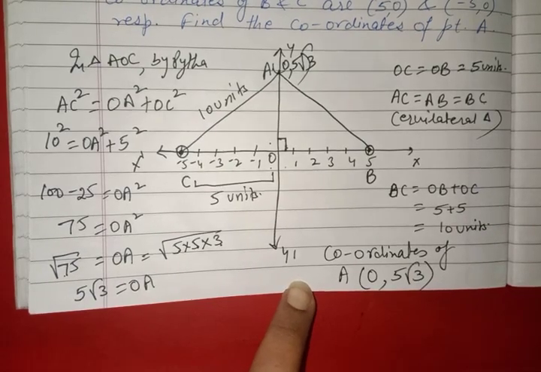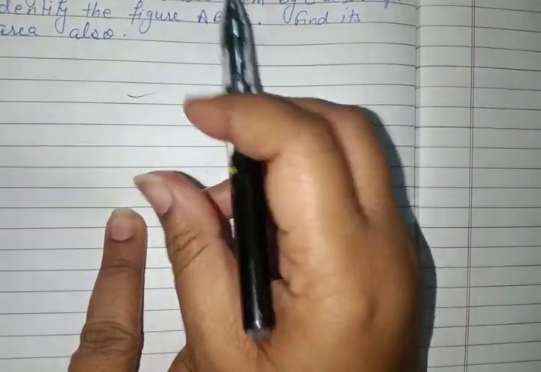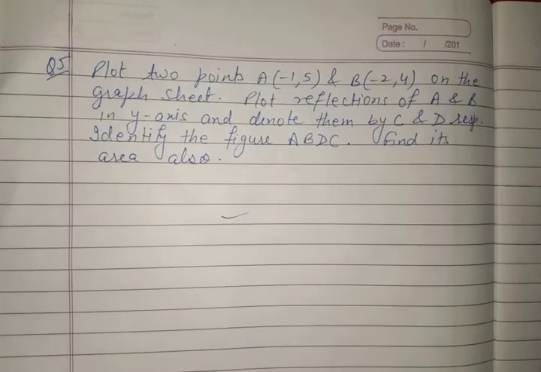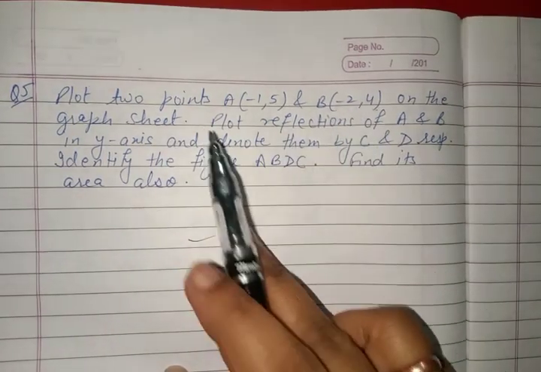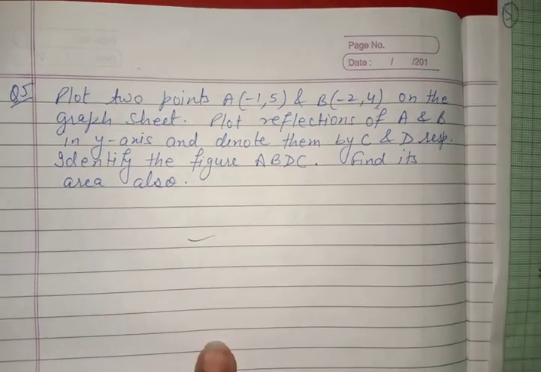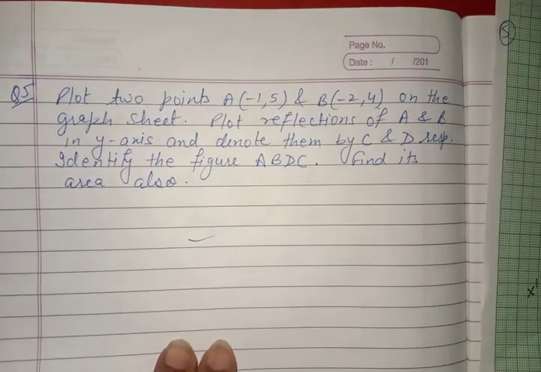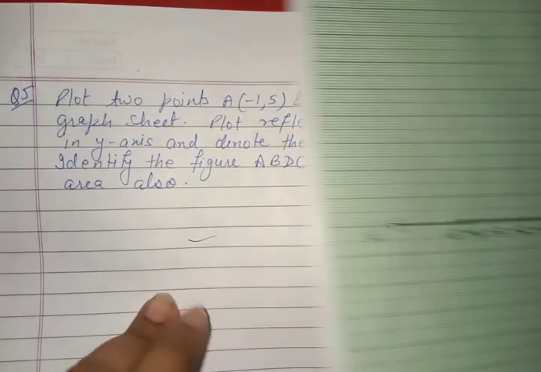Next question, the last question, is to plot 2 points A and B on the graph sheet. We need to plot the points A (minus 1, 5).